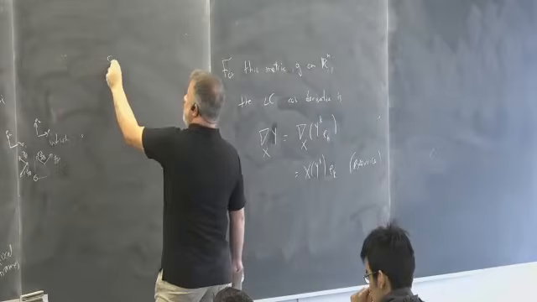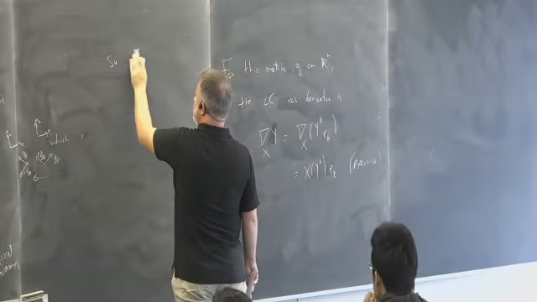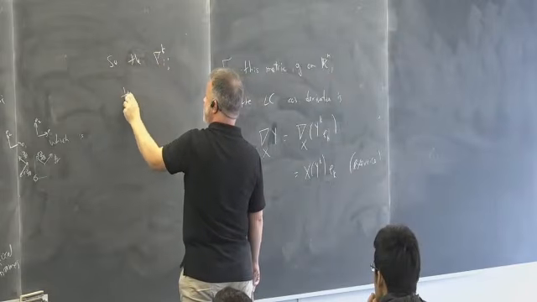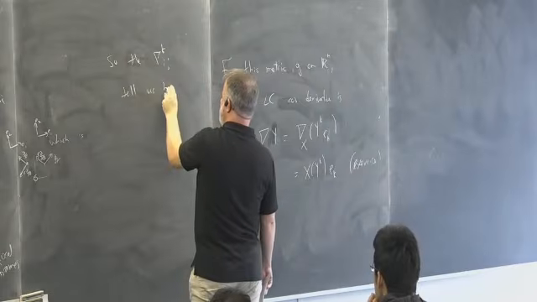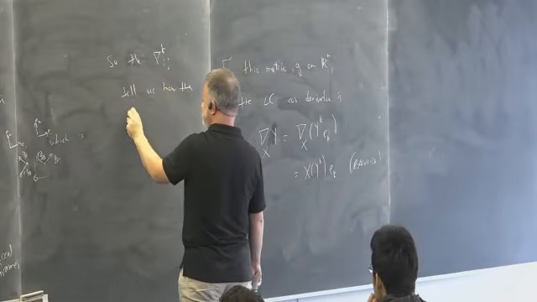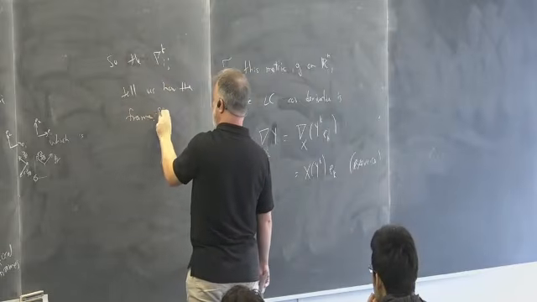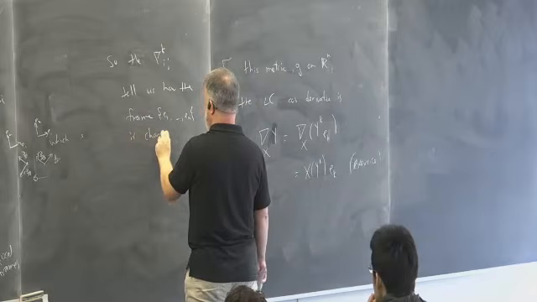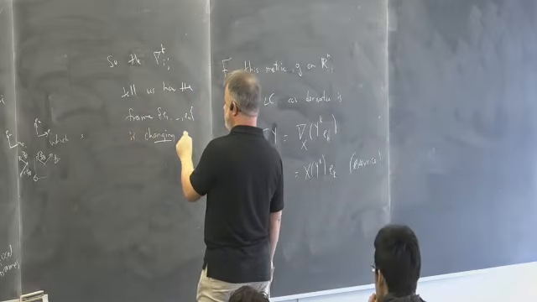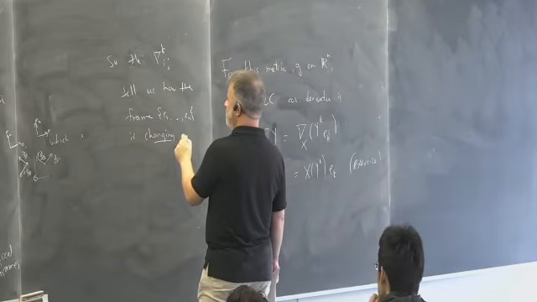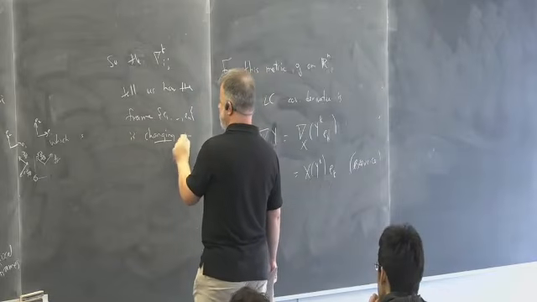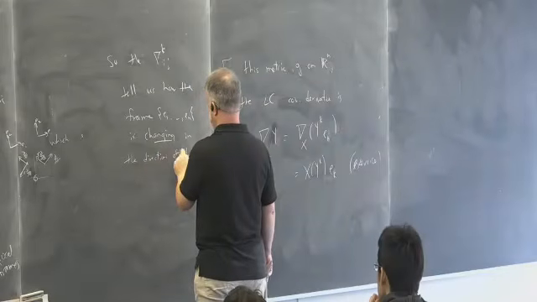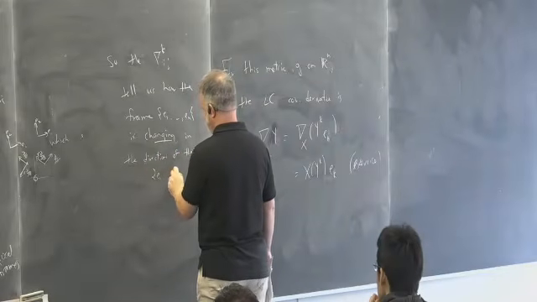Okay, so the gammas tell us how the frame E1 up to En is changing in the directions of the E1 up to En.